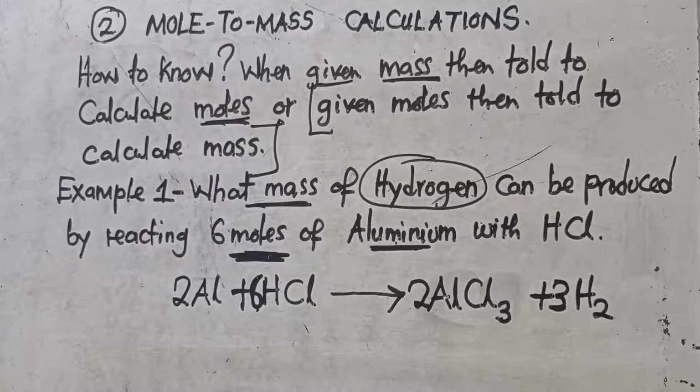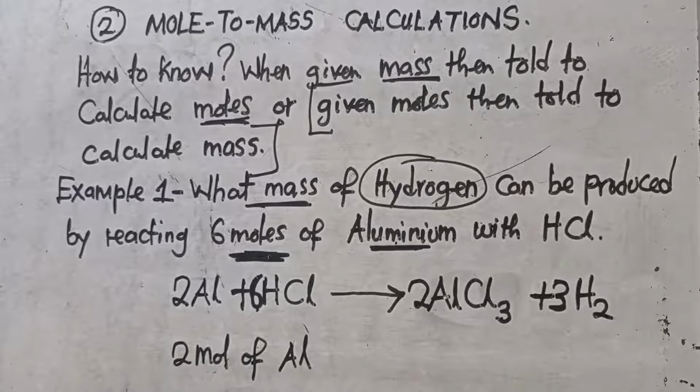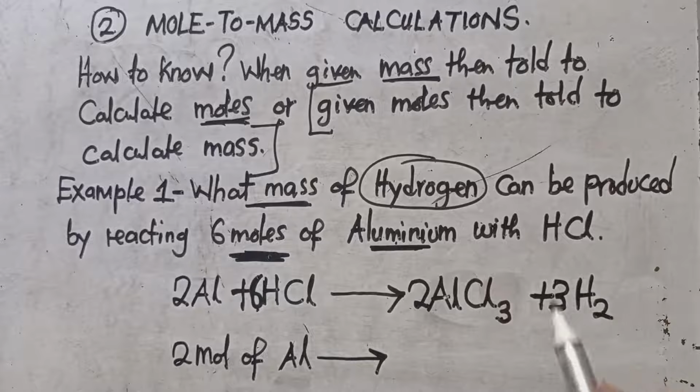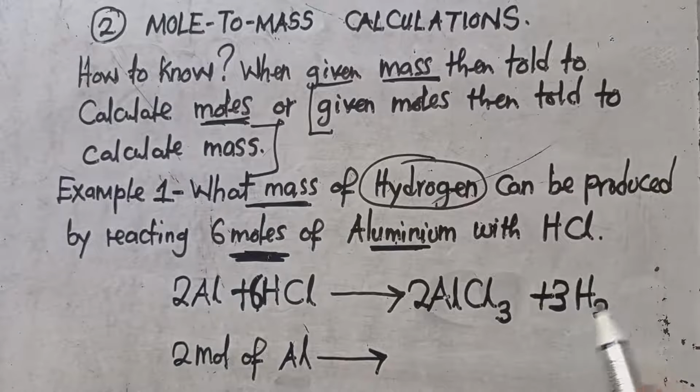To answer this particular question, I say 2 moles of aluminium. Because I'm given the moles for aluminium, I equate to the mass of hydrogen, where I also need to include the balanced equation.